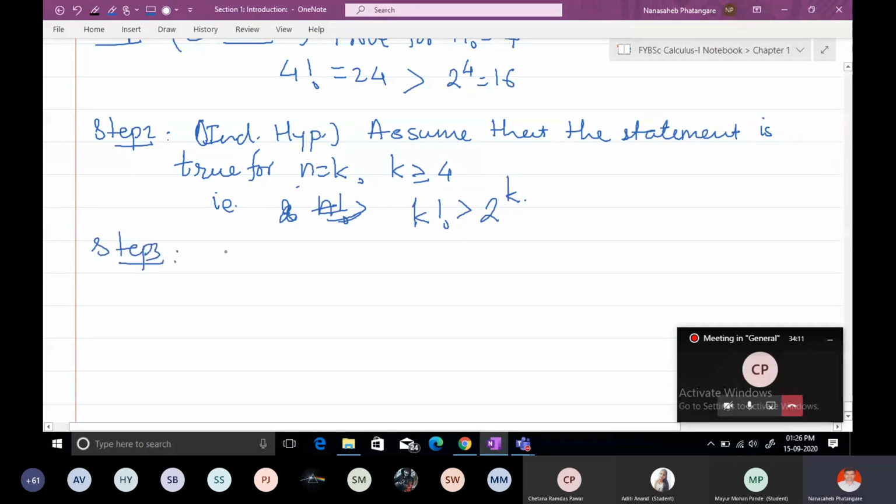Step 3: prove for n is equal to k plus 1. This is what we expect now.